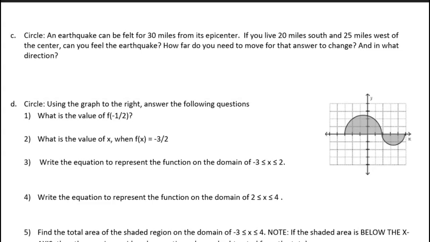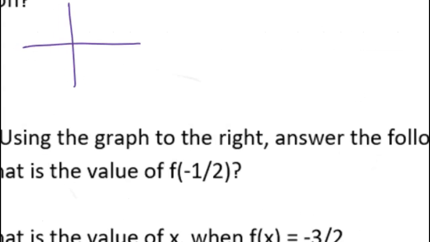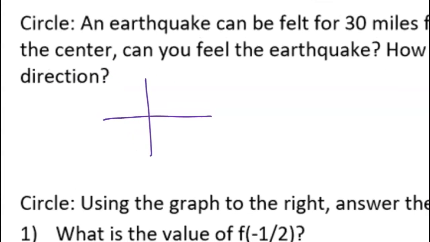So what I'm going to do is draw a little diagram with the center of these 2 axes being the center of your earthquake. And it can be felt for 30 miles in every direction. So this length here is 30, this length is 30, and so on, right?